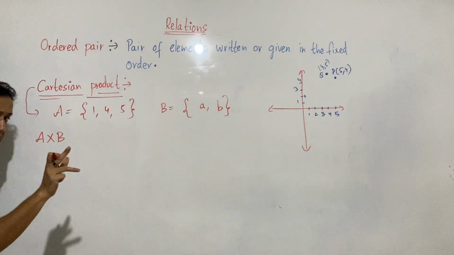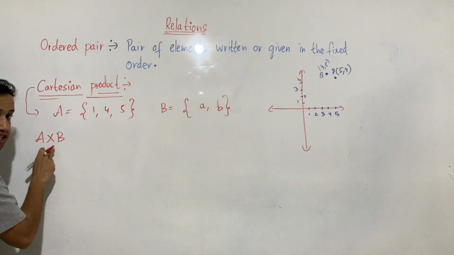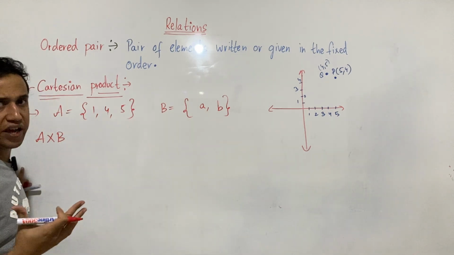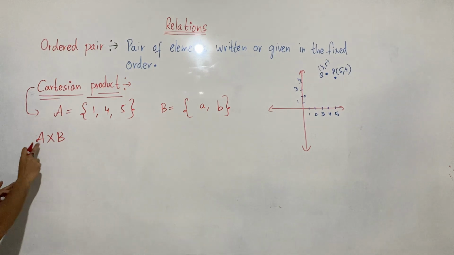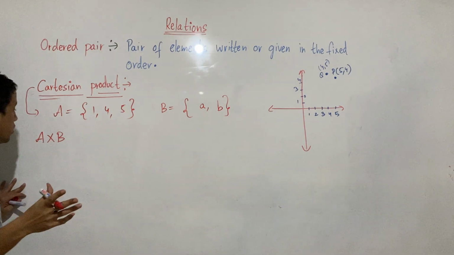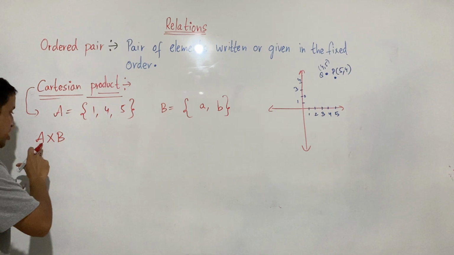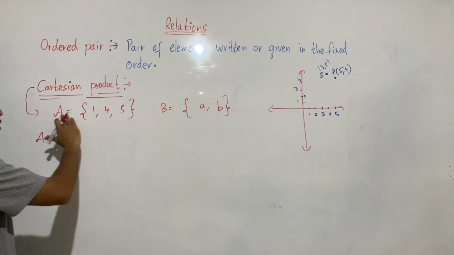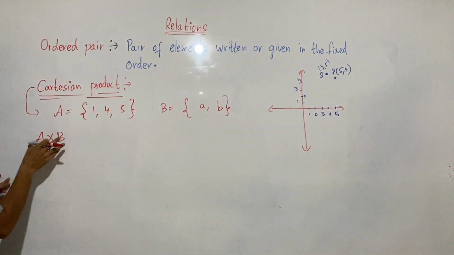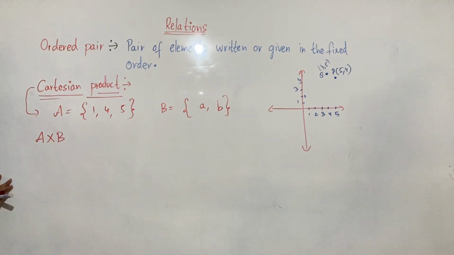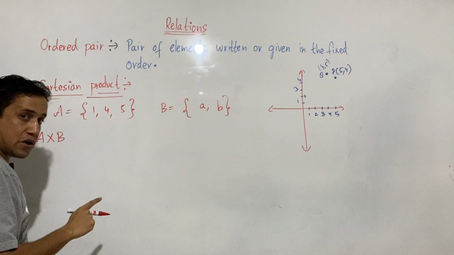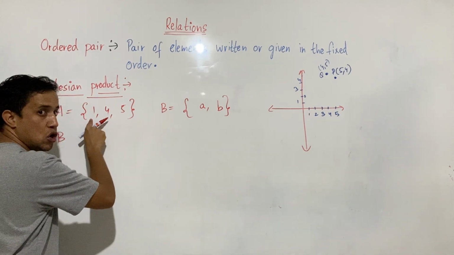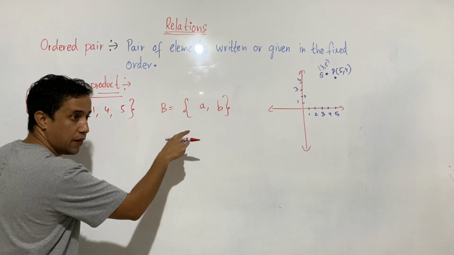How to read it? It is A Cartesian product B, but sometimes just for the sake of convenience we call it A cross B, but the accurate pronunciation is A Cartesian product B. So he said that if you are given two sets, then the Cartesian product of the two sets is going to be the pairing of each element of the first set with every element of the other set.